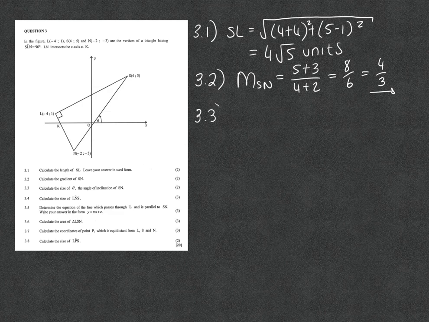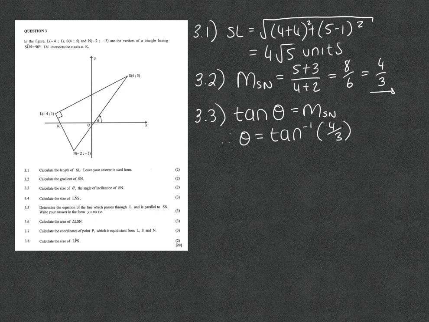3.3, we are now working out the size of theta, the angle of inclination of SN. So the formula for that: tan theta equals the gradient of SN. Therefore theta equals shift tan of my gradient of SN, which is 4 over 3, and that's 53.13 degrees.